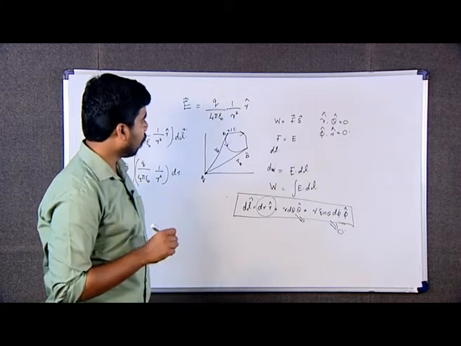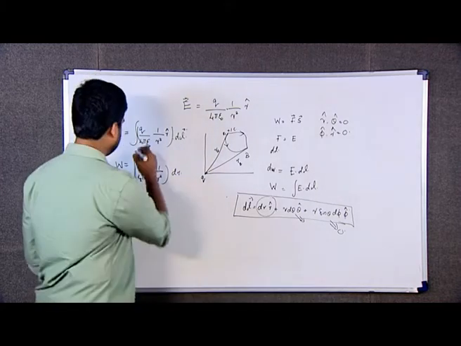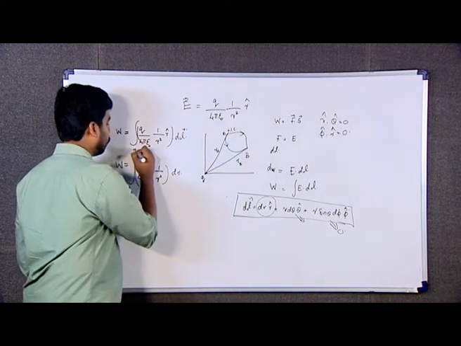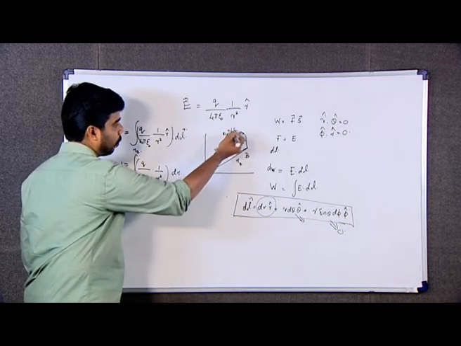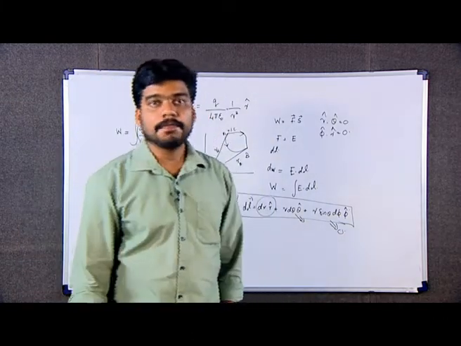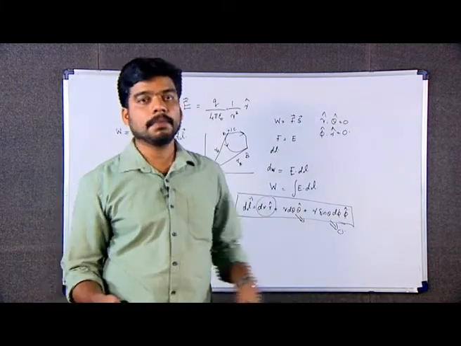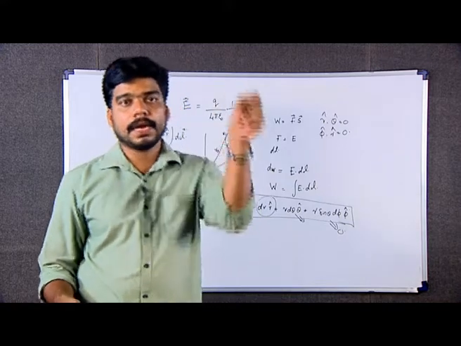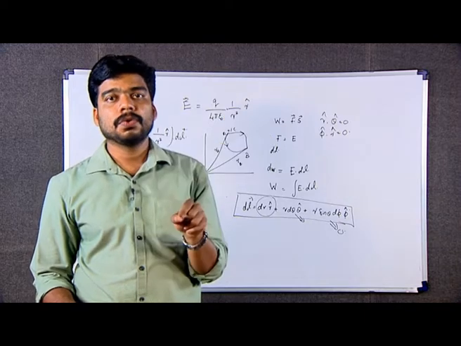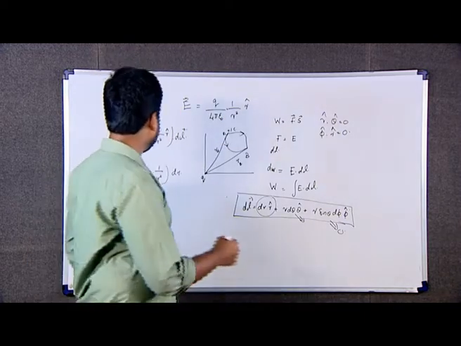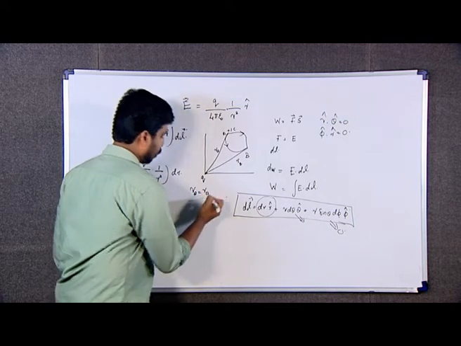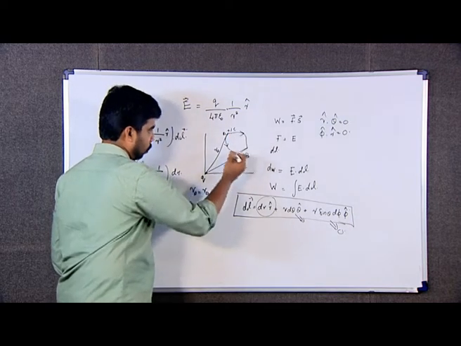But how will we choose the limits? We should choose the limit of r from Ra to Rb, because we are moving from the point A to the point B. But if you start from A and come again to the point A, then Ra will become Rb. That means you have completed one rotation.